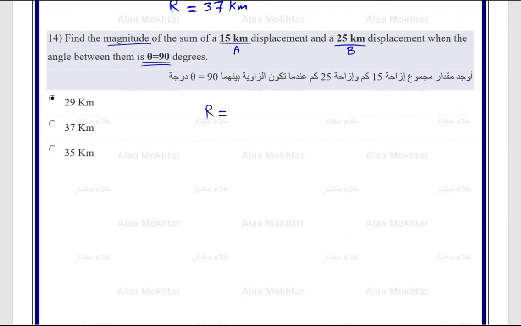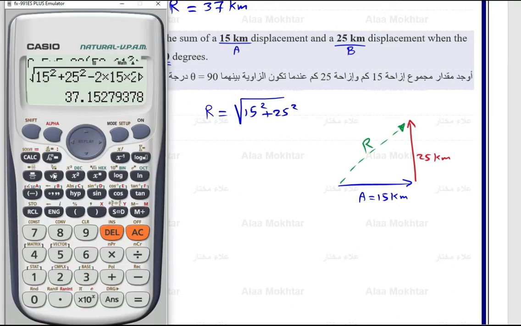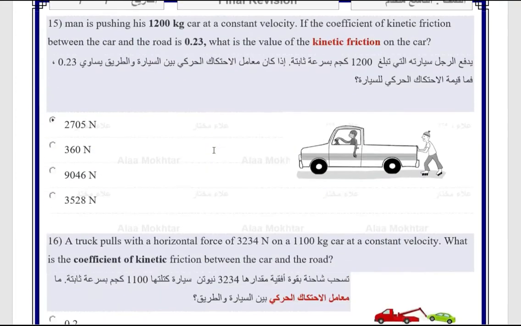In this case, r equals the square root of 15 squared plus 25 squared. The first vector is 15 kilometers, and the second is perpendicular to the first, making a 90 degree angle, 25 kilometers. So the resultant r equals the square root of 15 squared plus 25 squared, which is 29 kilometers. The next question.